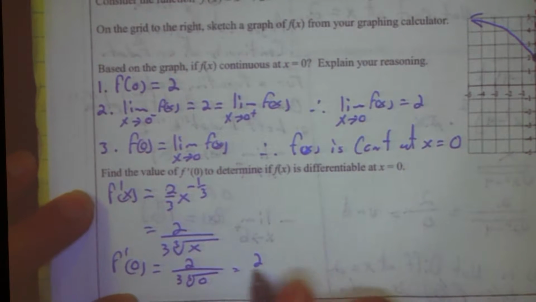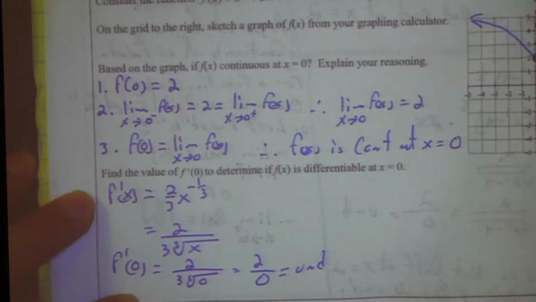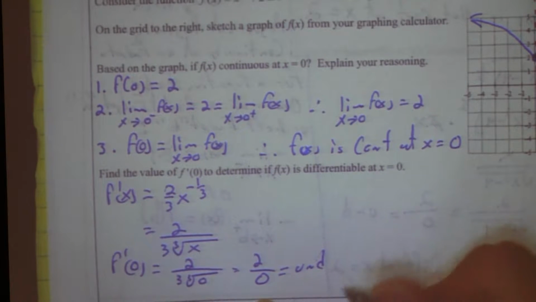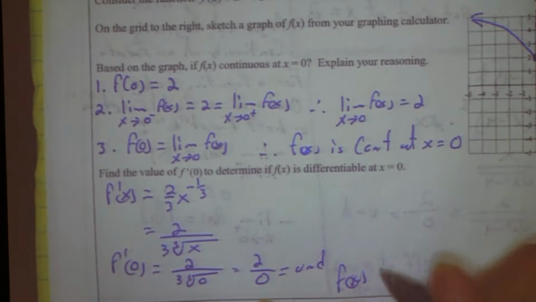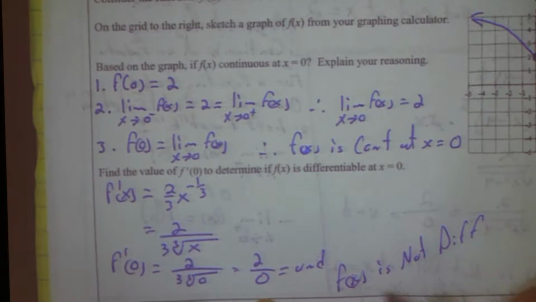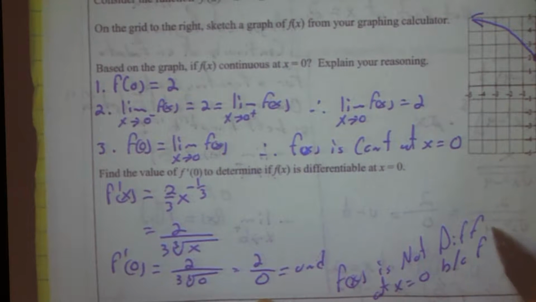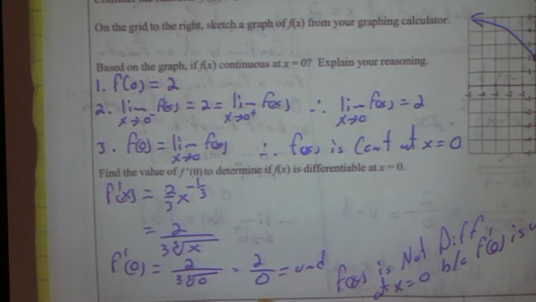So that just gives us 2 over 0, which we know is undefined. Therefore, we can say what we said earlier just by looking at the graph, that the function is not differentiable at x equals 0 because f prime of 0 is undefined.